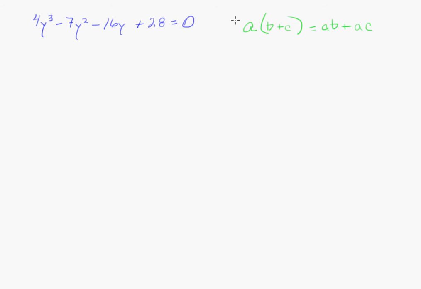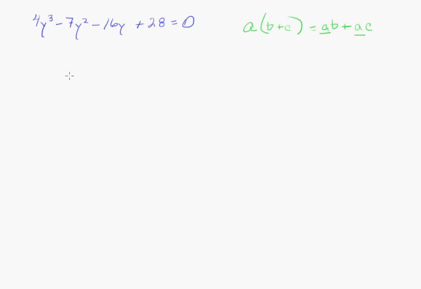If we look at AB plus AC, this side of the equal sign, we see that we have a binomial, and these two terms have a common factor, and that common factor is the A. So we are going to try to use this idea in our factoring.